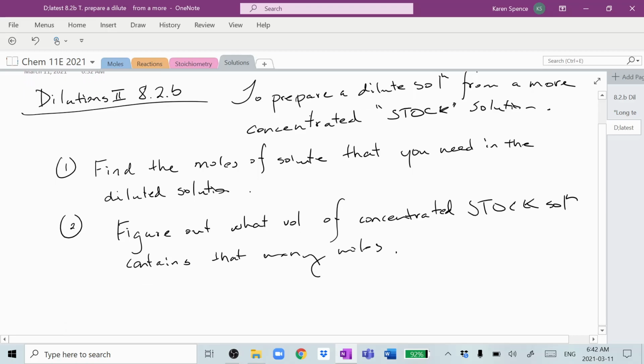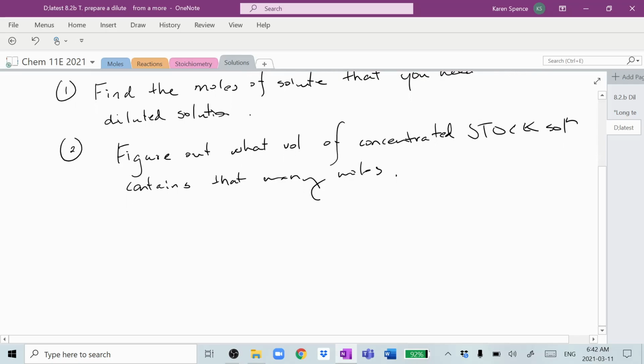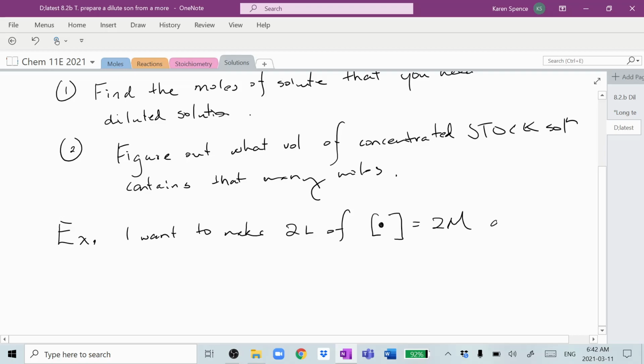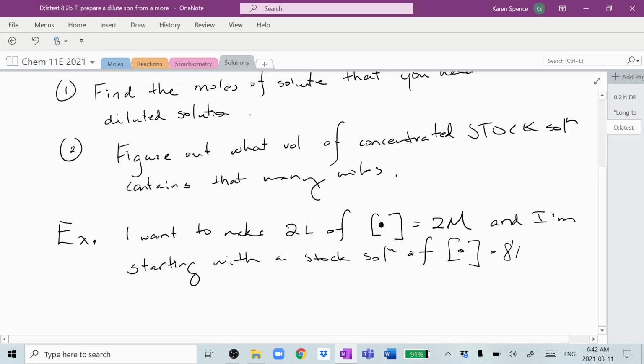Okay, so let's do a very straightforward example, again with these kind of little dot things. So for example, I want to make 2 liters of concentration of our dot equal to 2 molar, and I'm starting with a stock solution of concentration of the dots equal to 8 molar.